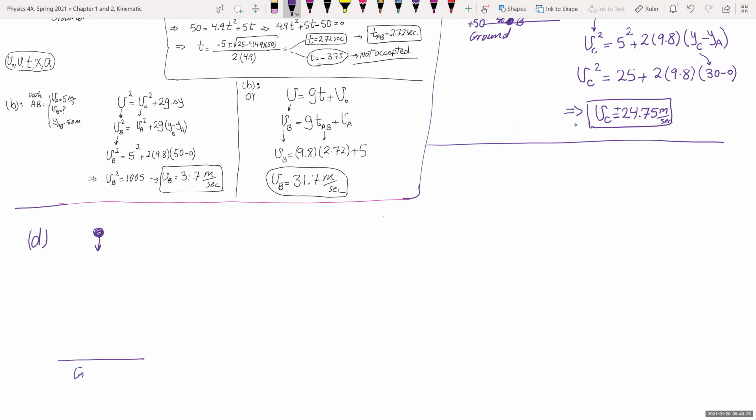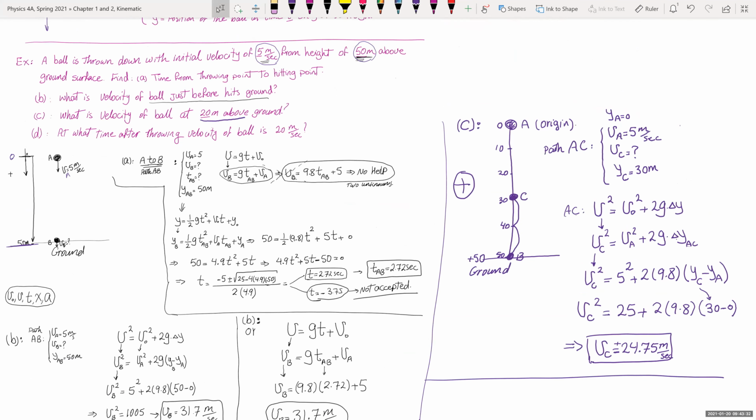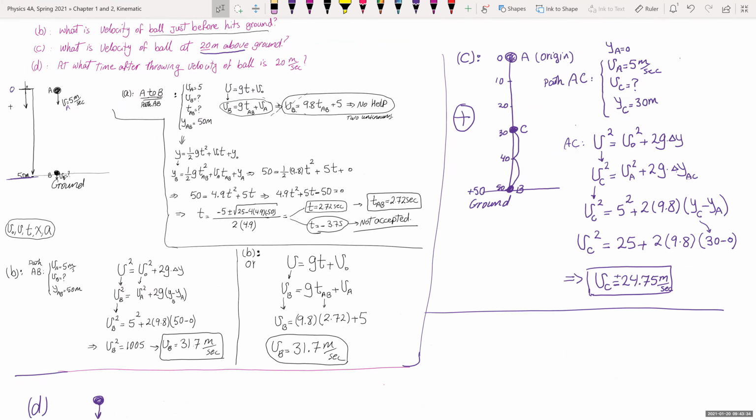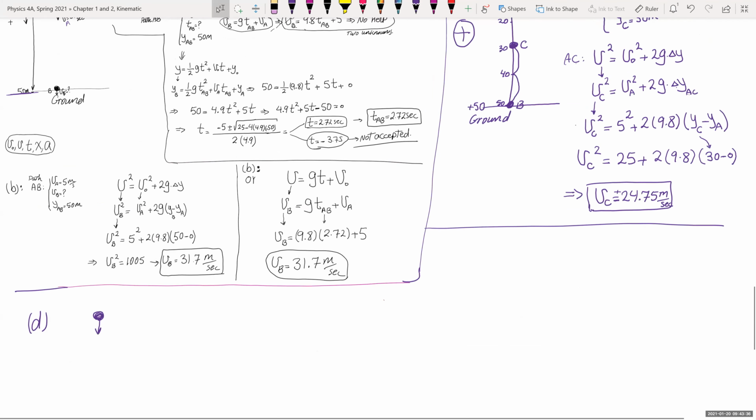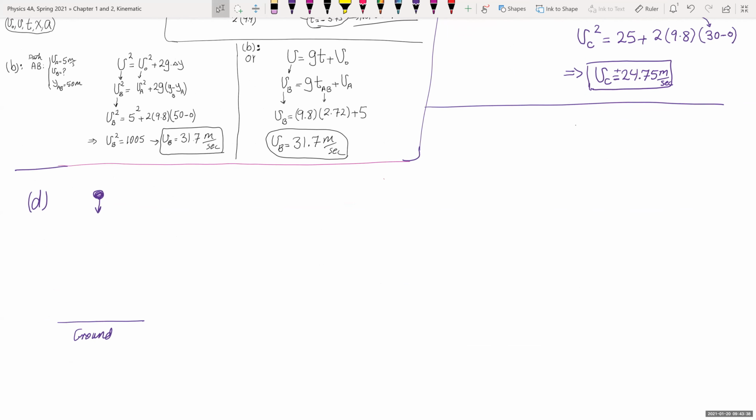Here is the ground. At what time after throwing the ball is the velocity 20 meters per second? I don't know where that is, but maybe somewhere here, the velocity is 20 meters per second.